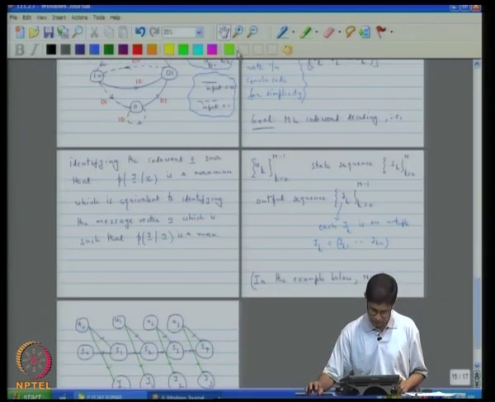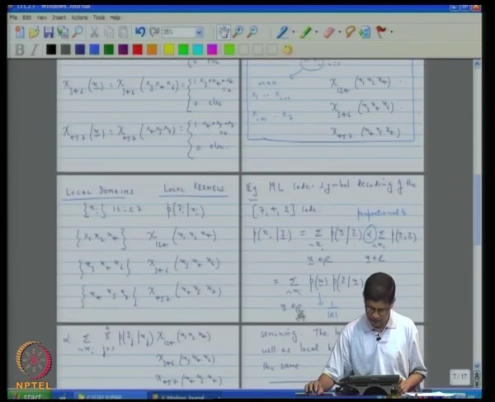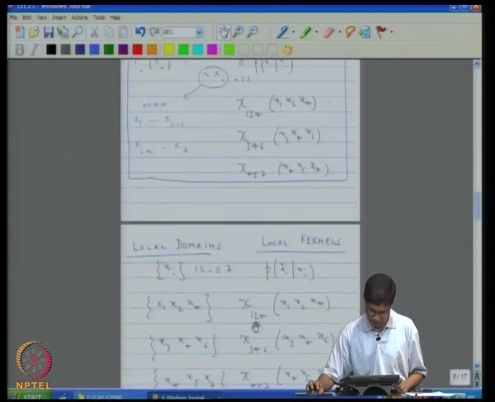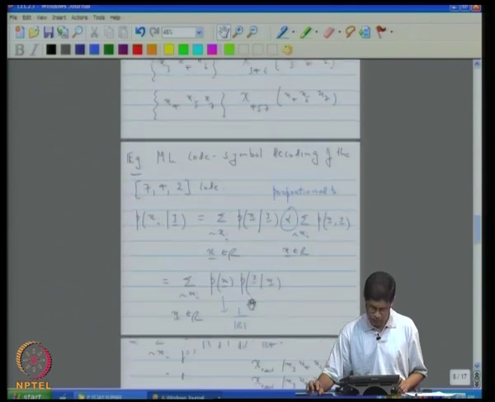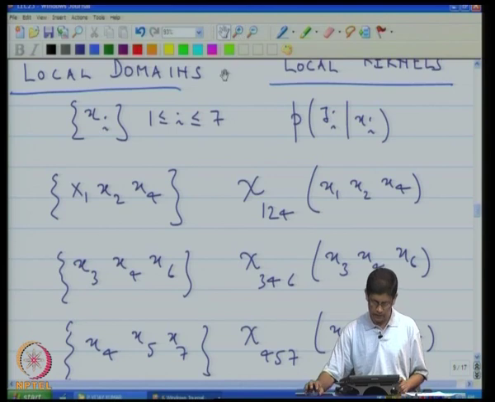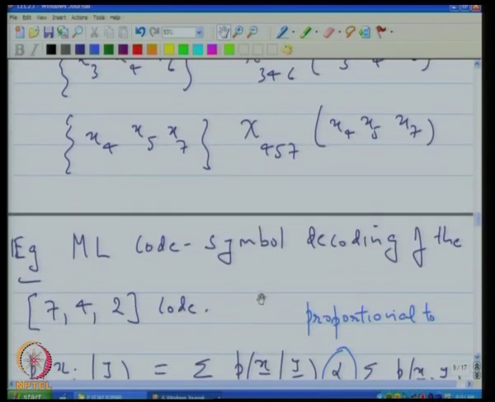And then very quickly we followed that up by showing that for the same code you can have a second decoding algorithm, which is called the maximum likelihood code symbol decoding algorithm. Okay. For the same code we have two different decoding algorithms.